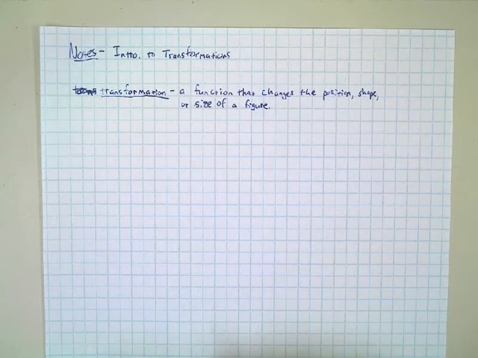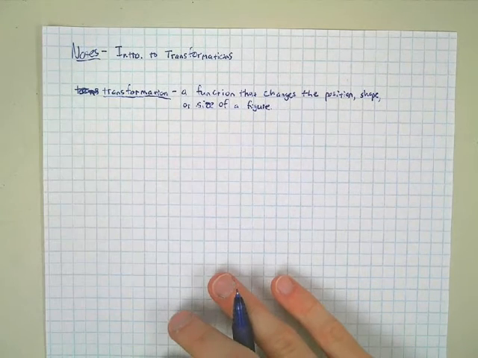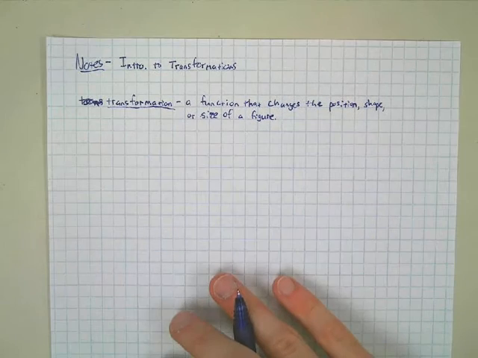Okay, so a transformation is a function that changes the position, shape, or size of a figure.